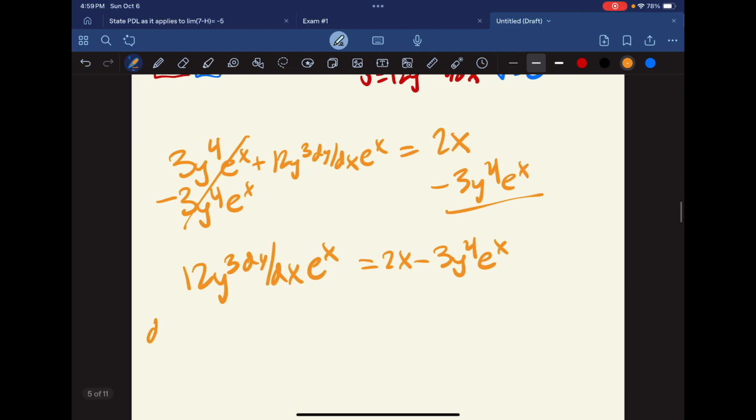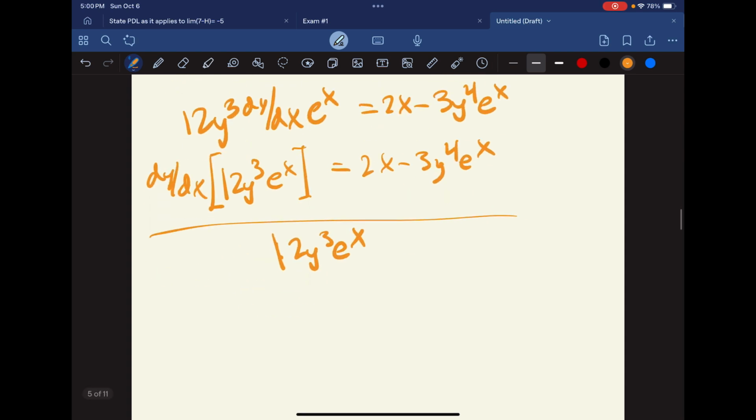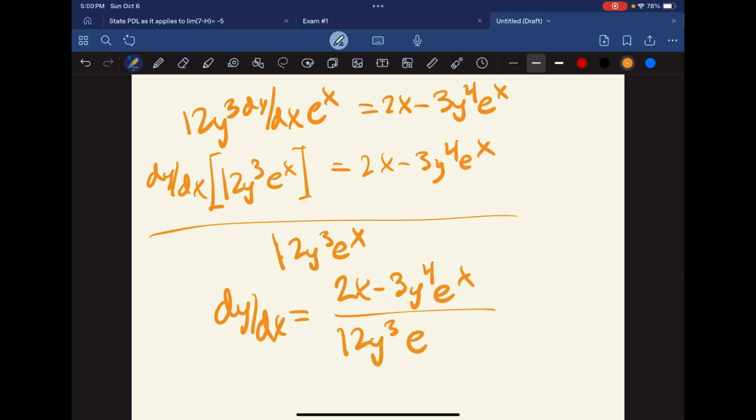So then now we just factor dy dx out from this term. So that's 12y cubed times e to the x, and then now we divide by that 12y cubed e to the x, and we are left with dy dx equals 2x minus 3y to the 4th power times e to the x divided by 12y cubed e to the x.